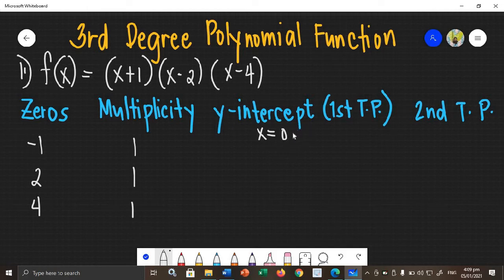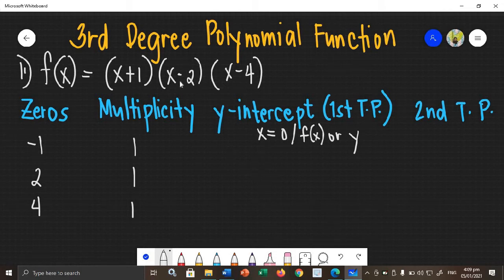Kasi si y and f of x, they are just the same. Okay? Si f of x ay equal or same siya sa y. Okay? So, we will be looking for the value of y or the value of the f of x. Yun yung y-intercept mo. Para makuha natin yun, we will assume na x is equal to 0.